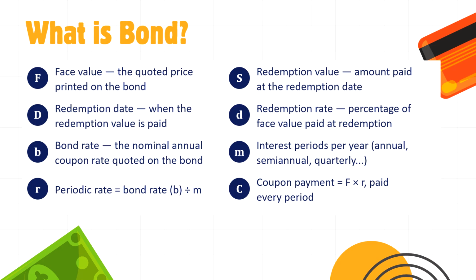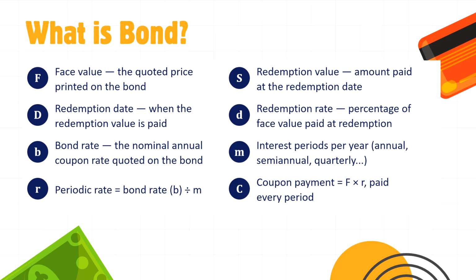The small letter d stands for redemption rate. Redemption rate is the percentage of face value paid at the redemption. B stands for bond rate, the nominal annual coupon rate quoted on the bond.